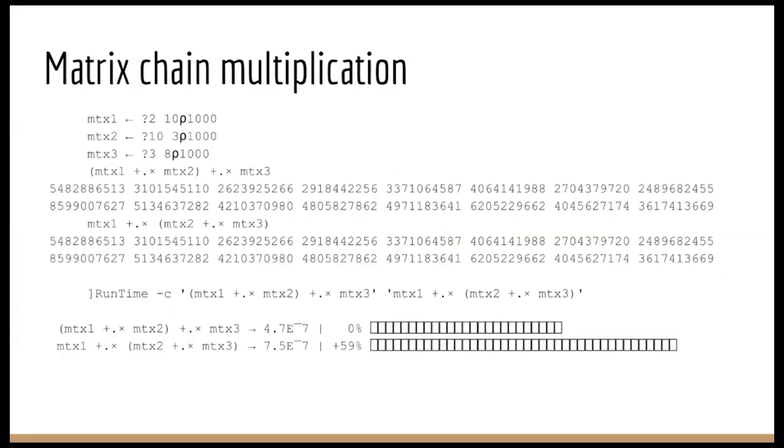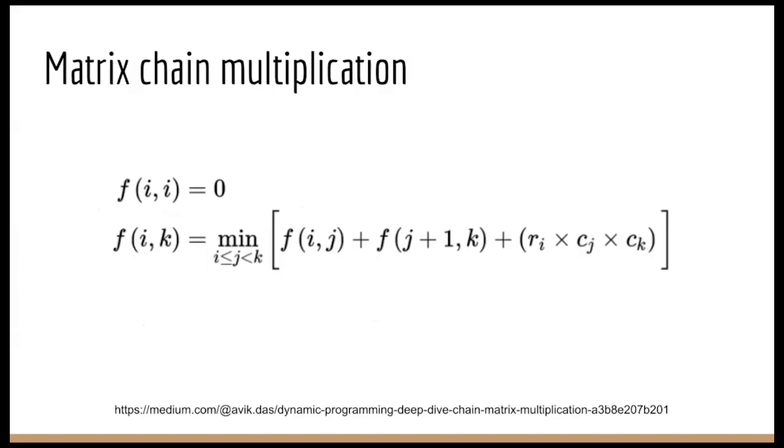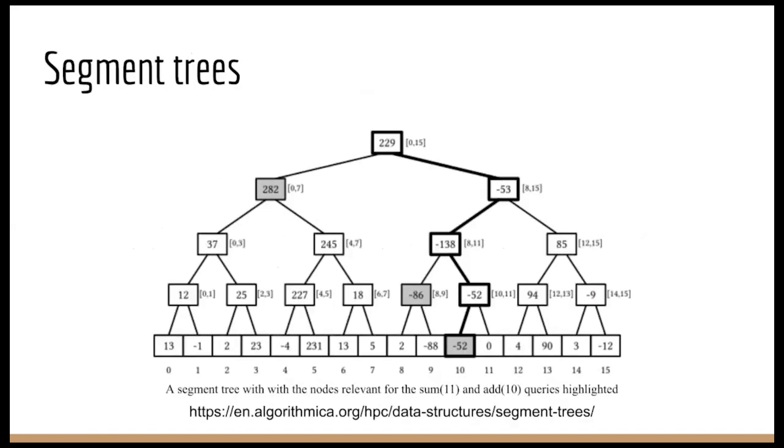And we can see it in practice. So for example, when we measure the runtime of both function multiplications, we can see a significant difference. And that's why there is a beautiful dynamic programming algorithm that allows us to compute the optimal multiplication ordering.